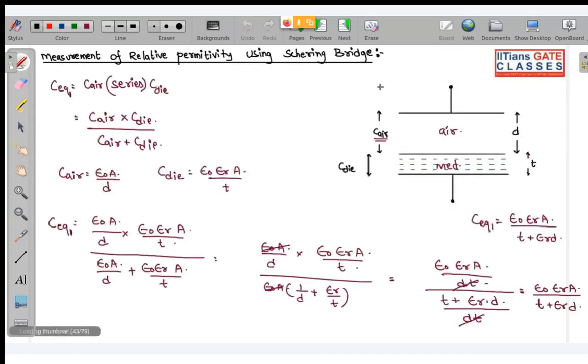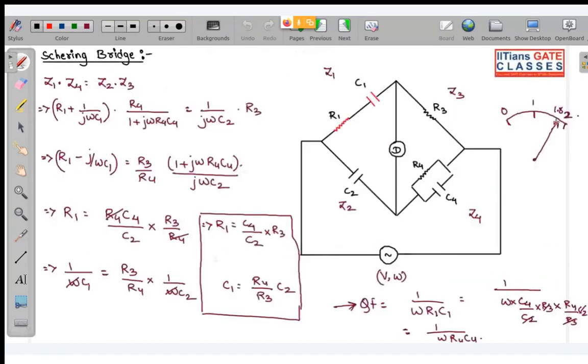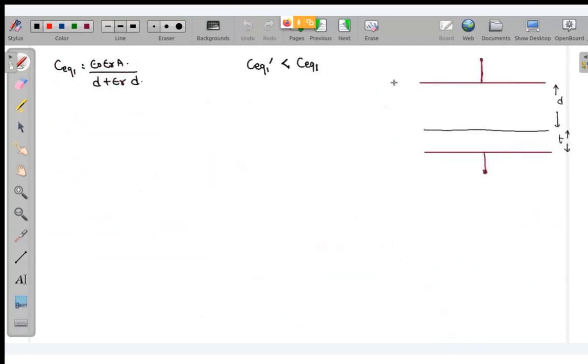Now your meter was previously at this point. As your capacitance value has decreased, this meter will also indicate a lower value. Now, I can actually vary the distance between the plates of this capacitor.